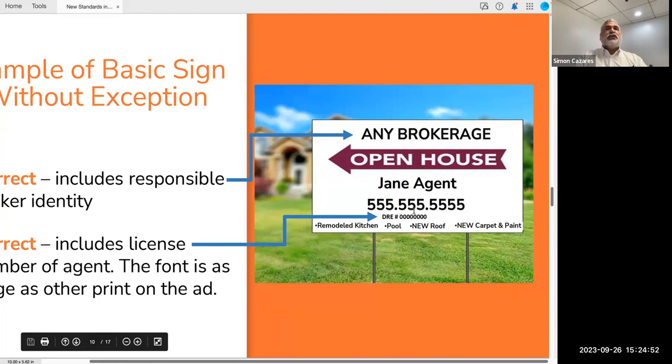That is your license number. If you want to put the brokerage as a second layer, then you're more than welcome to do so. It's not required, and it's not really recommended, because the name of the brokerage on the top is already going to identify you.